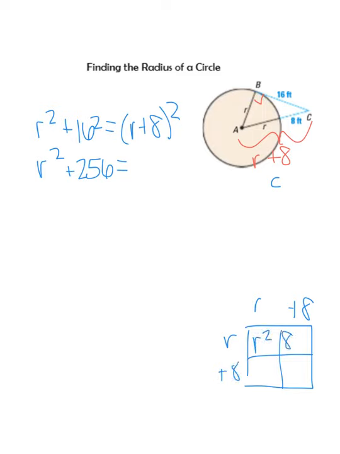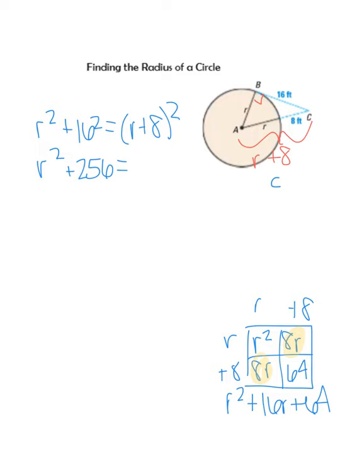R times 8 is 8R. 8 times R is 8R. And 8 times 8 is 64. I'm now going to combine my like terms. My like terms are 8R and 8R. They're diagonally across from each other. So that gives me R squared plus 8R plus 8R is 16R plus 64.